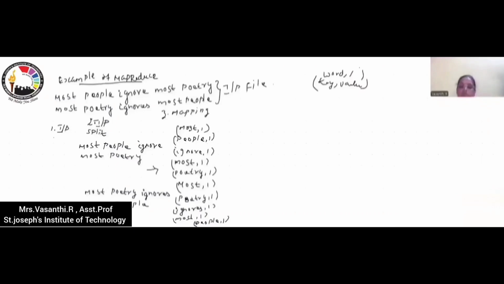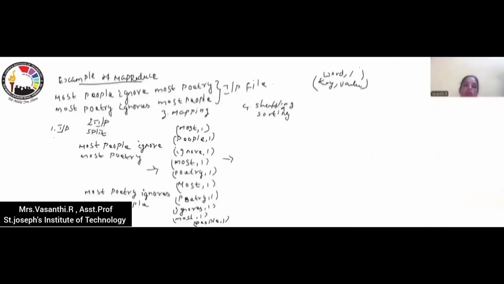The next step is shuffling and sorting. Here we have two blocks containing n number of words. We shuffle all the words and sort all the key comma value pairs in ascending, alphabetical order.